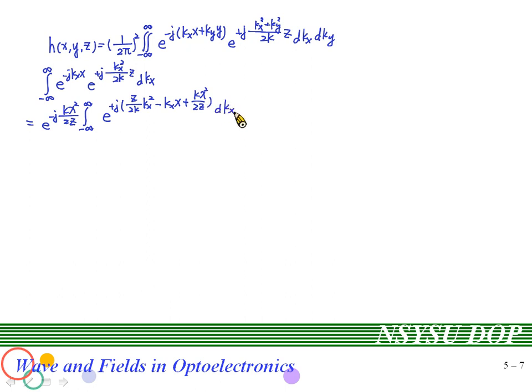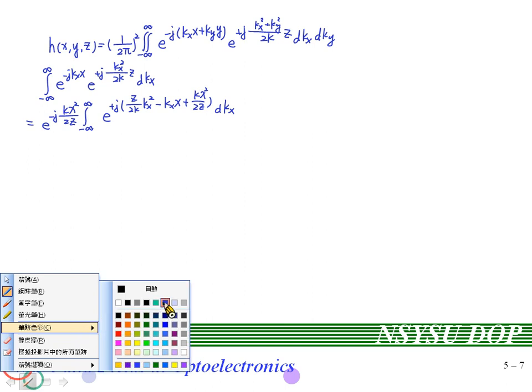Okay, as I have said, if you multiply the integral with this term, then you have to divide it here to cancel the corresponding effect. And as you have the form in the integral shown here, it can be arranged as that.